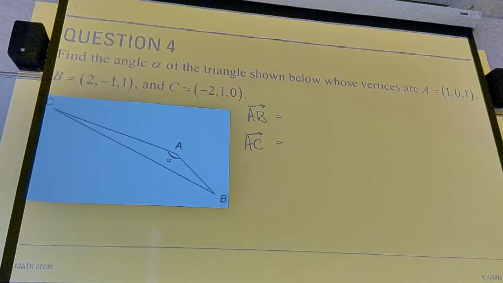First, let's find directed line segments. Let's write them as vectors. What's the directed line segment AB?